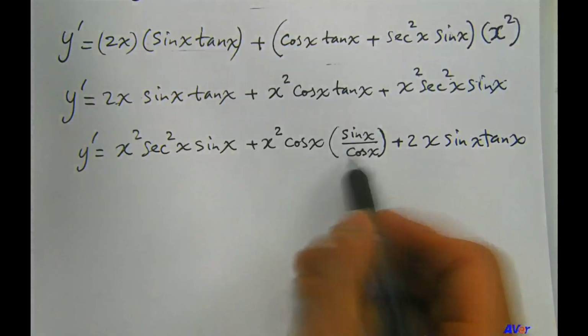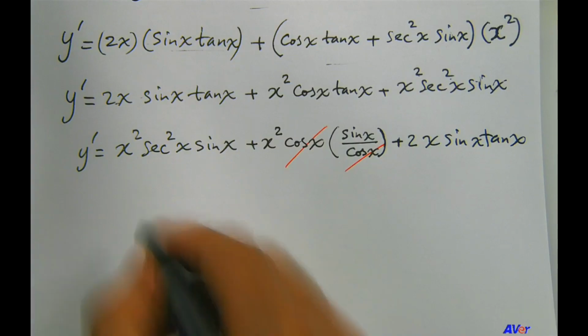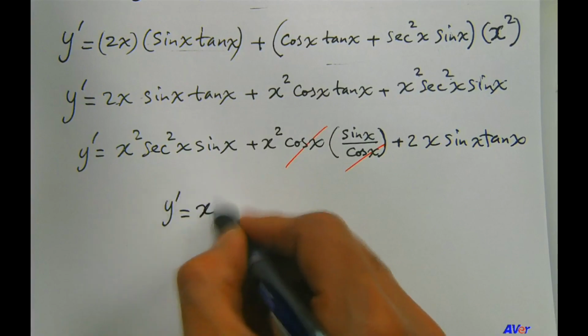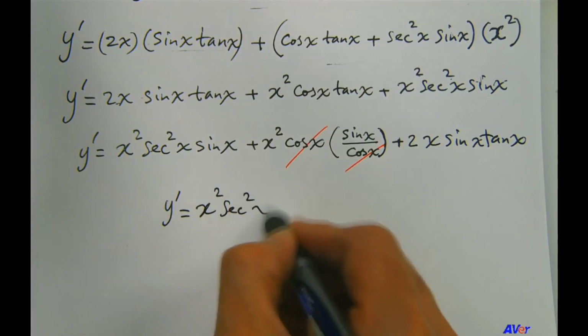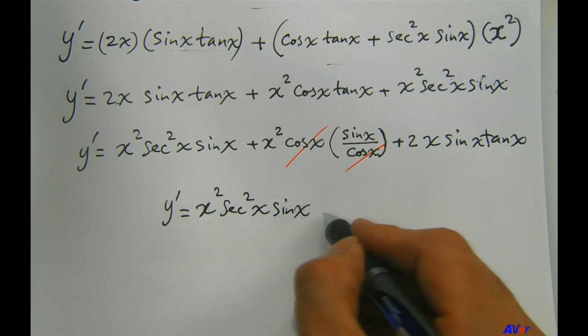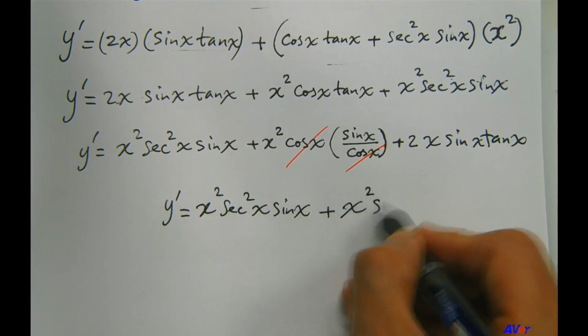And so now you can see that we can cancel this cosine and that cosine. So the final answer would be y prime equals x squared secant squared x sine x, plus x squared times sine of x, right?